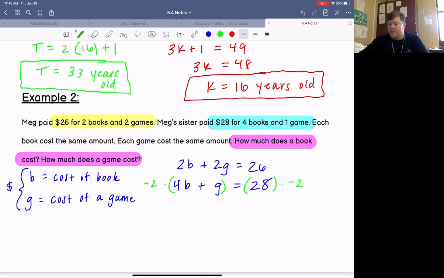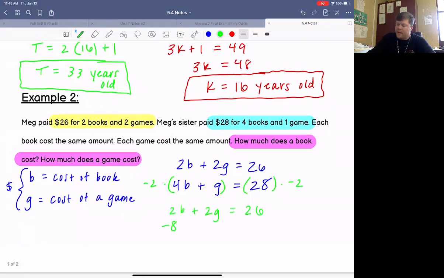That's going to allow me to eliminate G. All right. So let's rewrite this. The top equation stays the same, and on the bottom, I'm going to get -8B minus 2G equals -56.